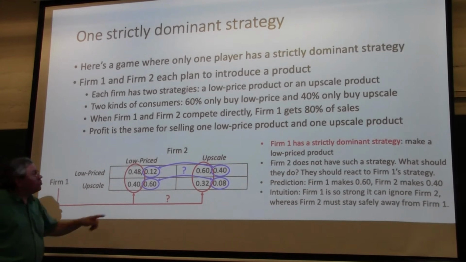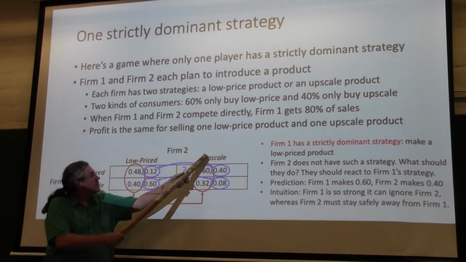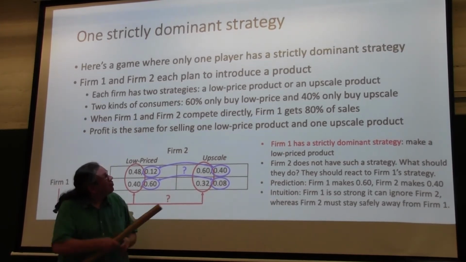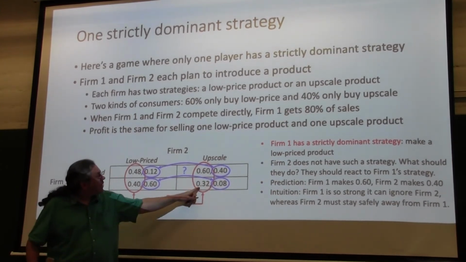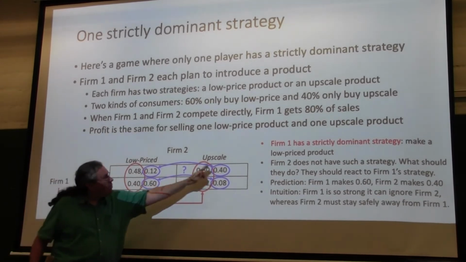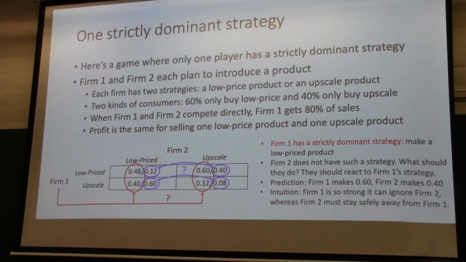And you can compute the others in the same way. If they both do upscale, then the total market is only 40%, and again firm 1 will get 80%, so it's 0.32, 0.08. So you can make the payoff table.